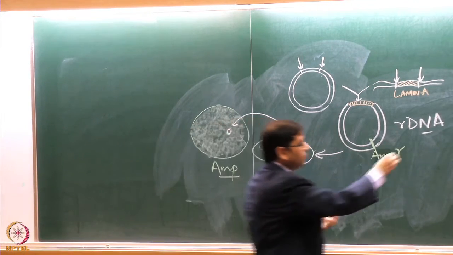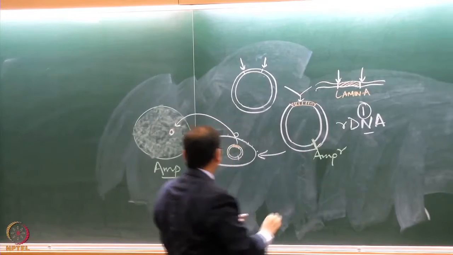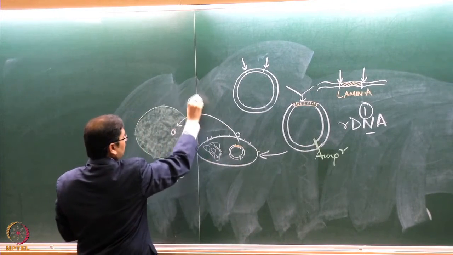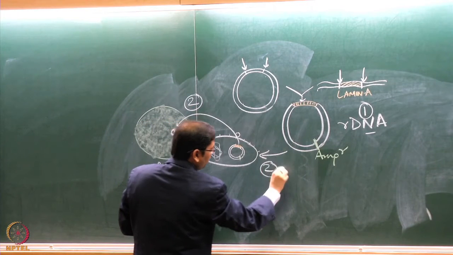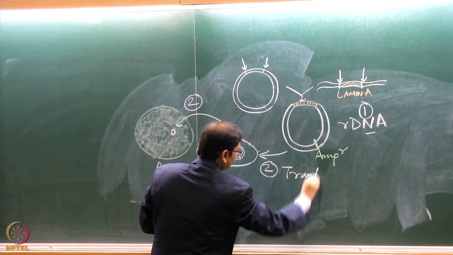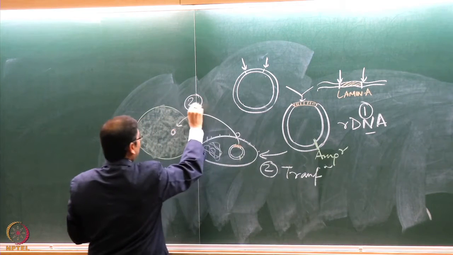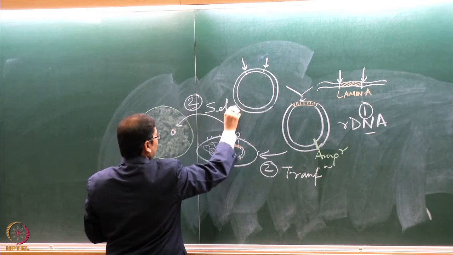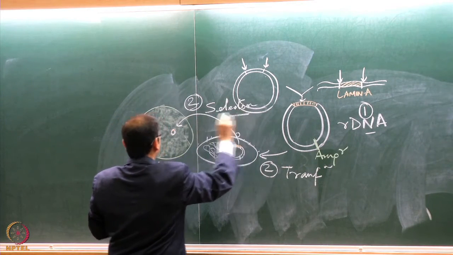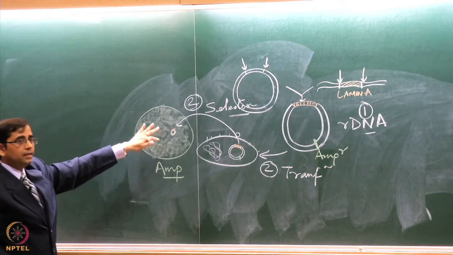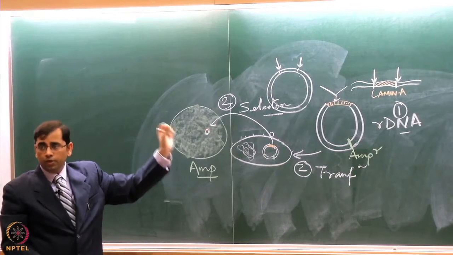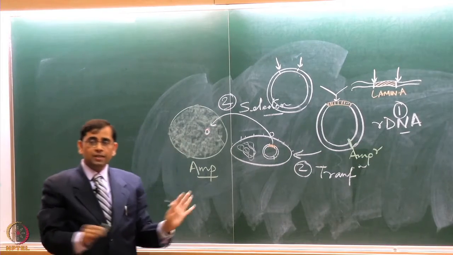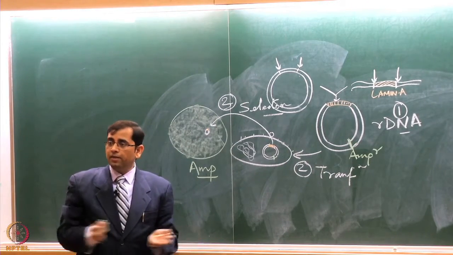This was the first process, which is making a recombinant DNA molecule. The second process here is transformation, and the third process is known as the selection. You are doing the selection here. So now once you select that this is the right clone, this is the right bacteria which is containing the gene of your interest, now you can do multiple things from it, because bacteria can multiply very rapidly.